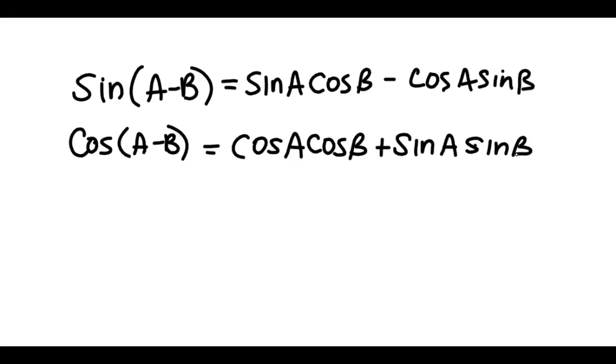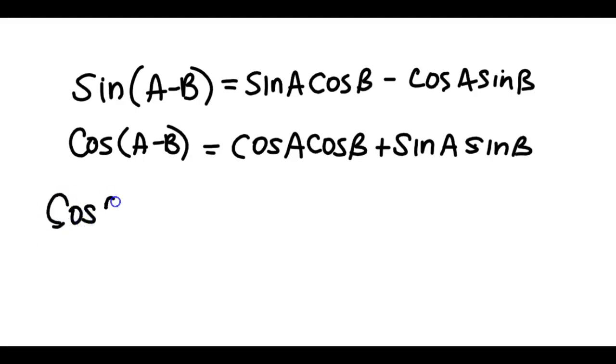And then the double angle identities, you have sine 2A is equal to 2 sine A cos A, and then cos 2A is equal to cos squared A minus sine squared A. So this cos 2A one, it has 3 options. So I gave you one. There's another 2, I guess.